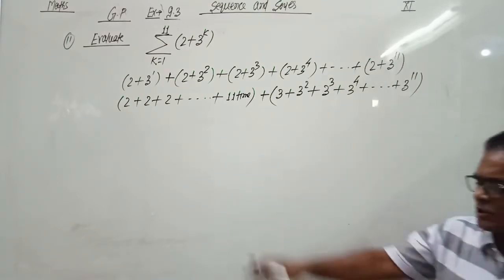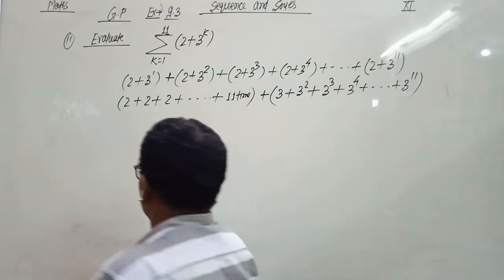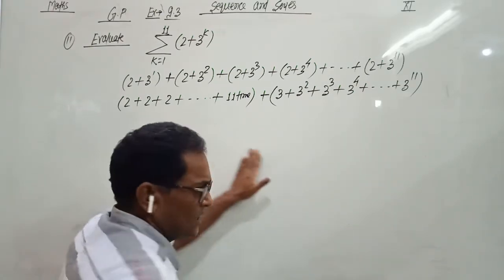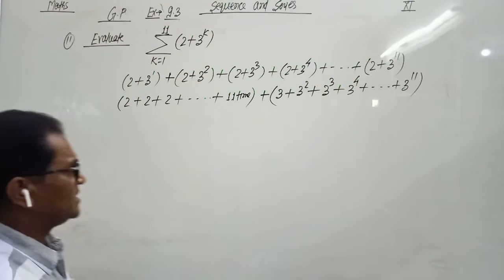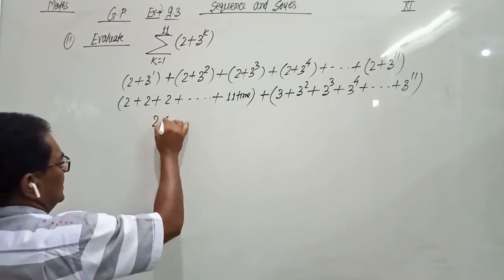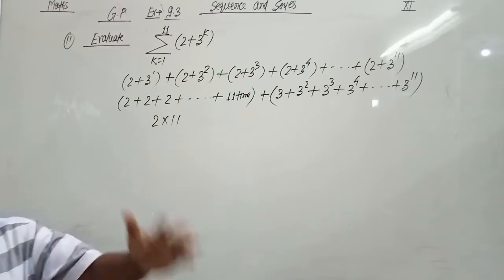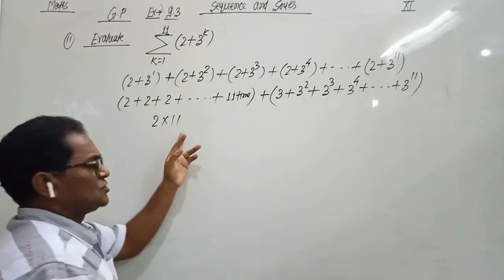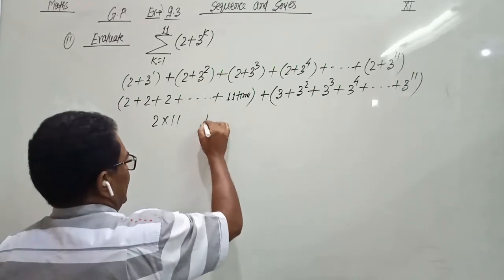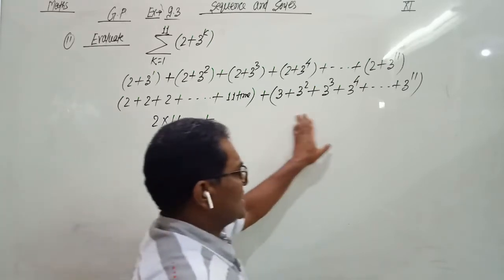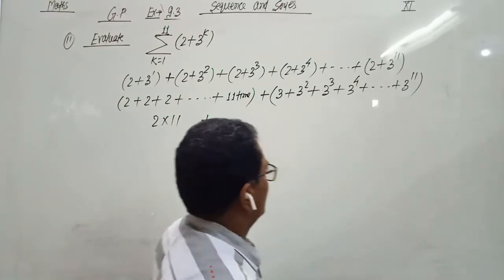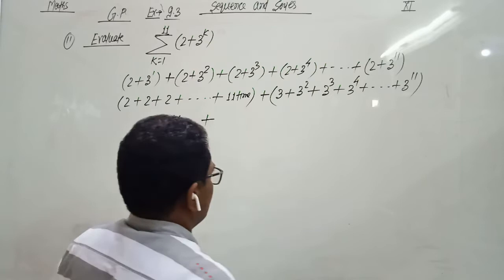Now we add both the sequences separately. 2 plus 2 plus 2 up to 11 times becomes 2 into 11. Plus, this is a GP, and we use the formula.